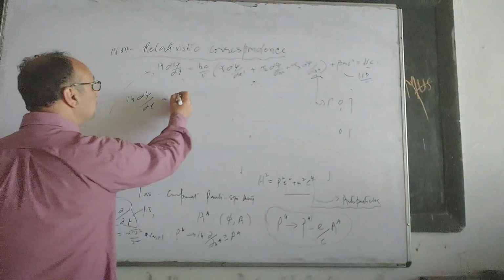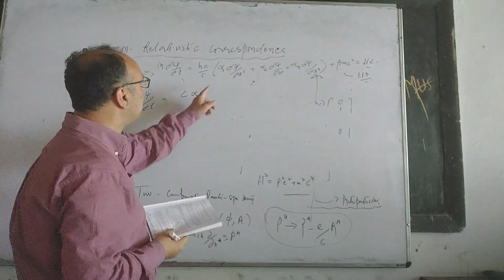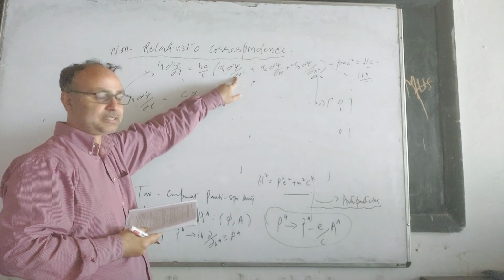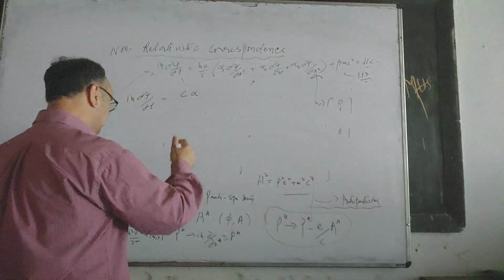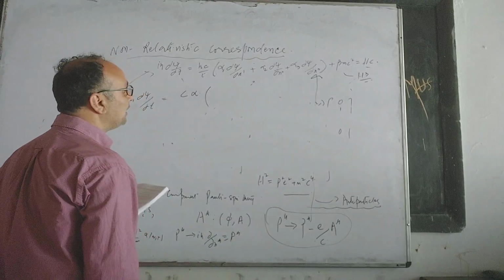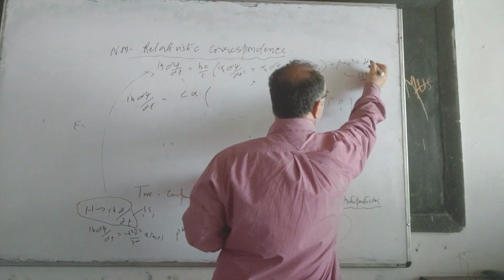This is equal to C alpha. C alpha means you can include alpha 1, alpha 2, alpha 3. There are different matrices here. C alpha. And this जो हैमिल्टोनियन है हमारे पास, so no sorry, maybe it's at C.